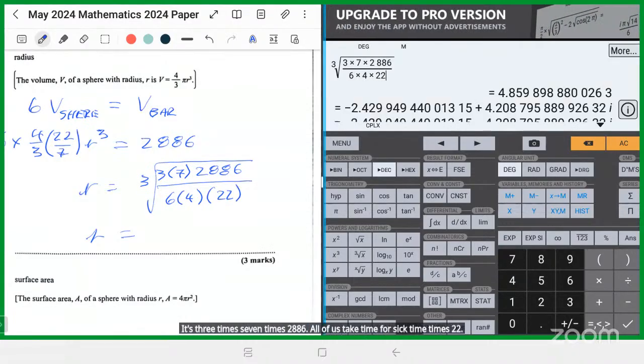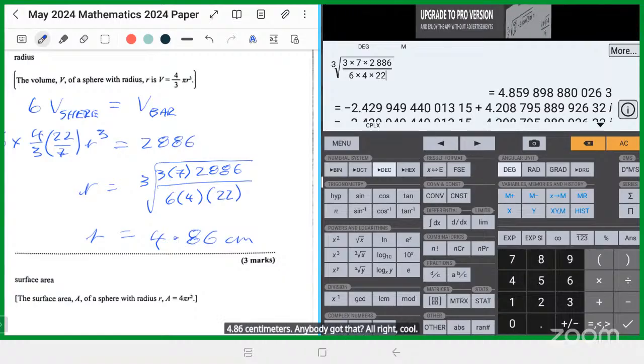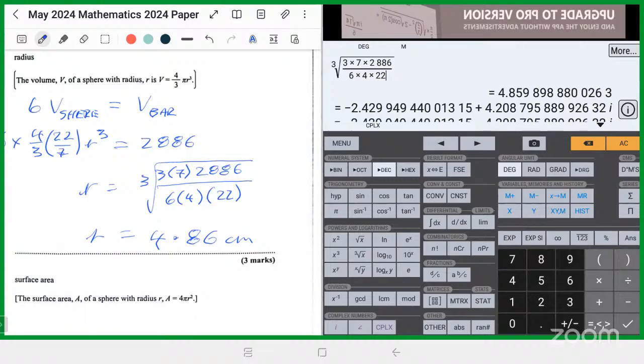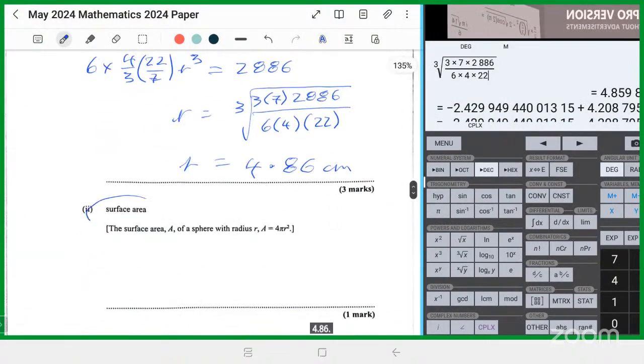I'm getting 4.86 centimeters. Anybody got that? All right, good. If we do it another way and get the same answer, no problem. 4.86.